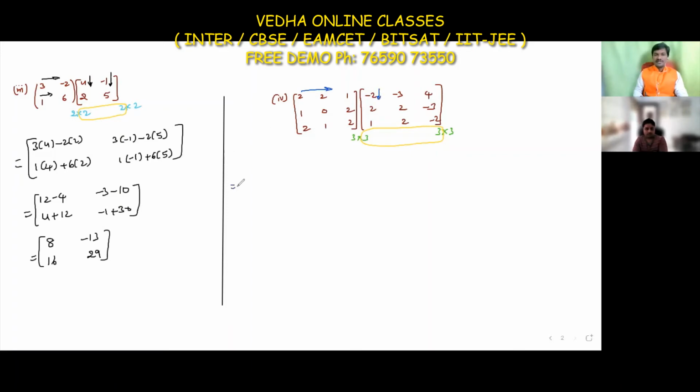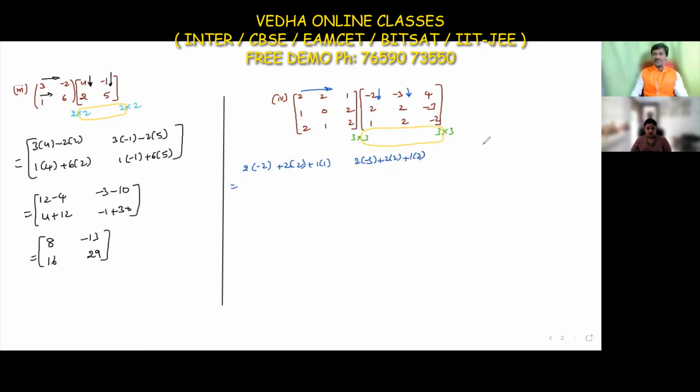So that is nothing but 2 into minus 2 plus 2 into 2. Next, second element with second element, third element with third element, plus 1 into 1. First row with second column now: 2 into minus 3 plus 2 into 2 plus 1 into 2.